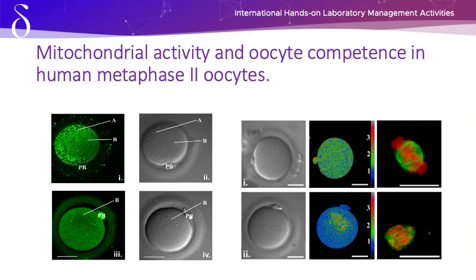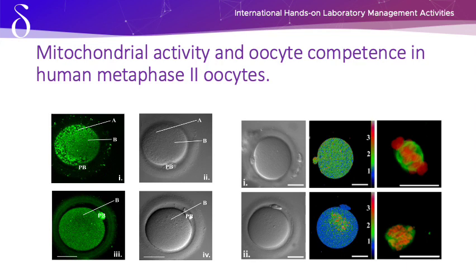In the 1990s, we did a lot of work with Martin Wilding from our laboratory in Naples on mitochondria, staining them with fluorescent stains to show the distribution of mitochondria and also the activity. And this is an example of differences we would find in human oocytes that we would not notice just from a light microscope.